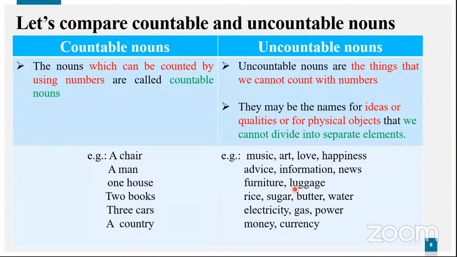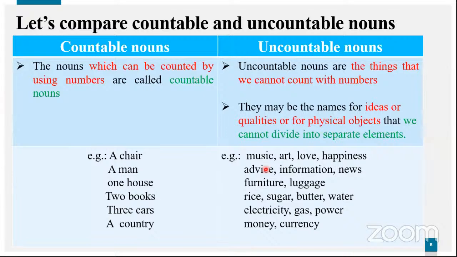Bags, rice, sugar, butter, water, electricity, gas, power, money, currency, right? All these things are uncountable nouns, right? So we can't count them by using numbers, right?